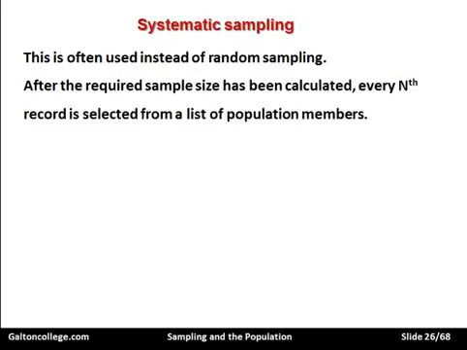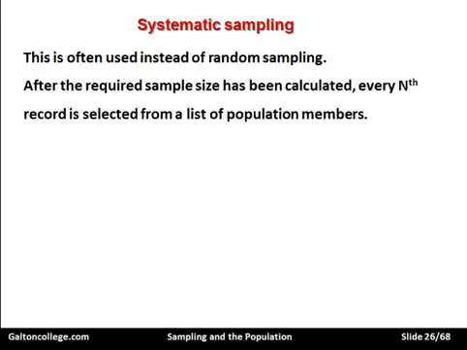So we're picking a particular number and we're doing it systematically. It cuts down the cost. We're not spending all our time trying to work out what the true nature of the population is.